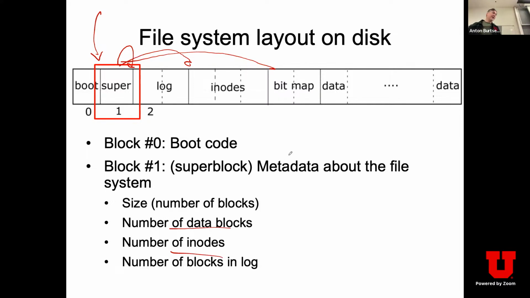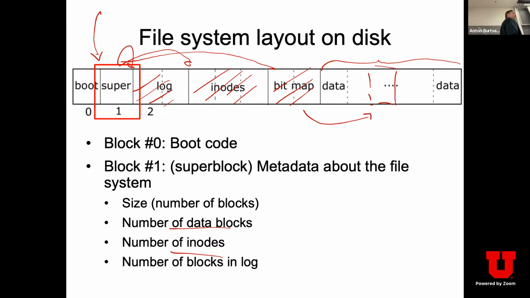So, and then the file system, when it bootstraps, it says, okay, I know that I have a logging area of some number of blocks, inode area of some number of blocks, a bitmap allocator, which keeps track of the availability of those blocks in the data area. So essentially it just says free or taken in the data area where you really will be writing your files, right? That's encoded in the super block. Questions?